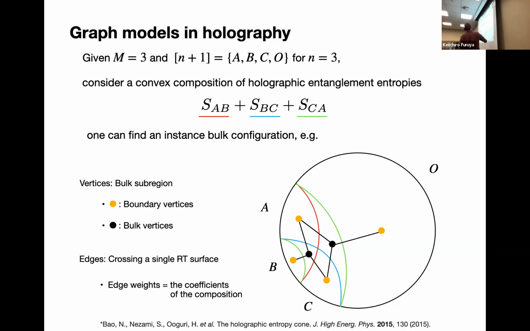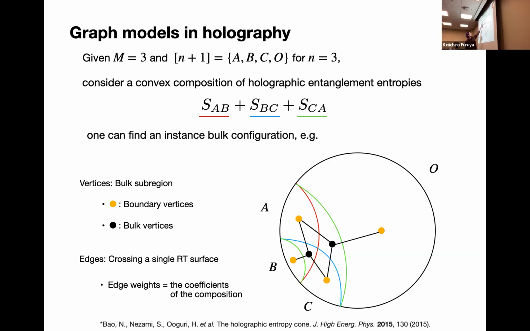If you remember, holographic entanglement entropy is proportional to the area of the RT surface, which is the geodesic anchored to the boundary region.